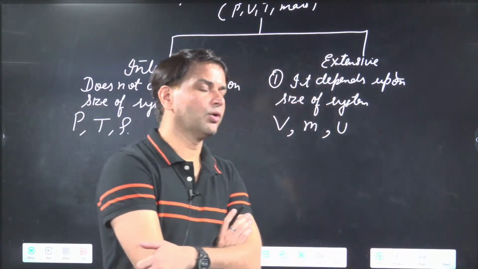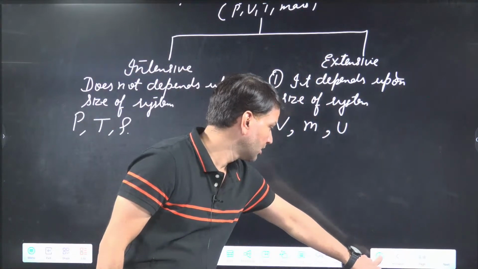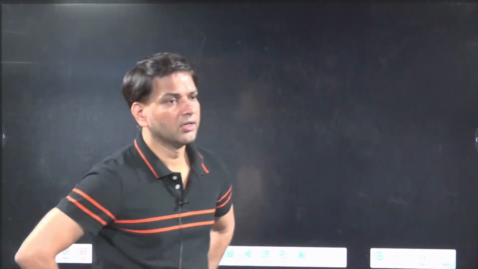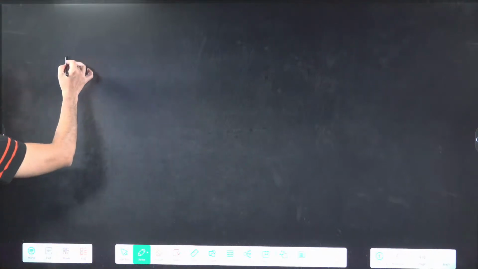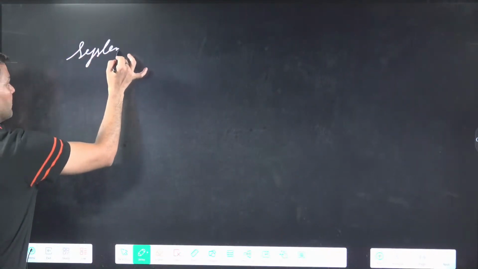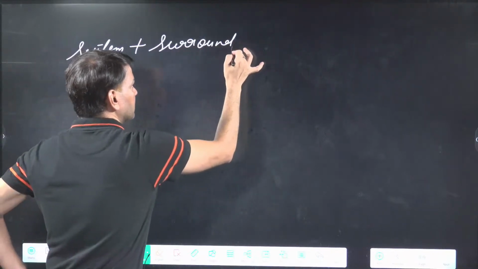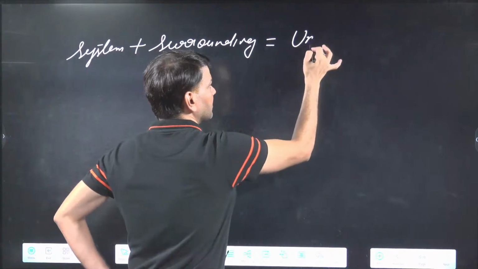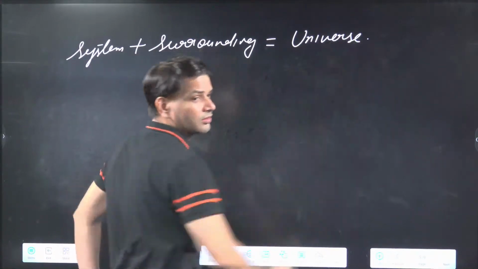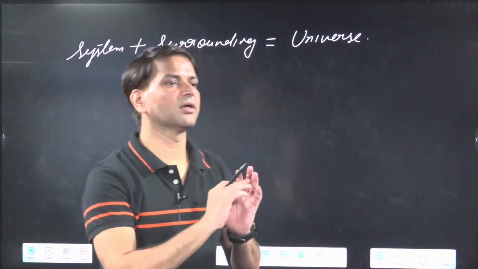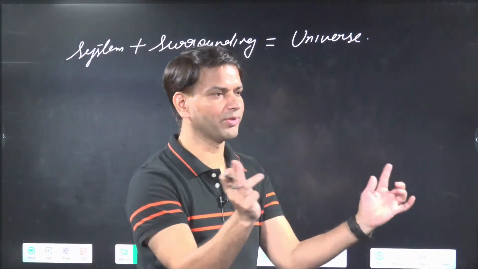Now we have used this word surrounding, system, surrounding. So what is the meaning of surrounding? We say that system plus surrounding is the universe. Suppose your room, where you are sitting, is the system.